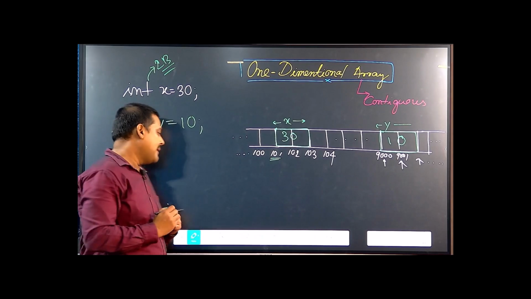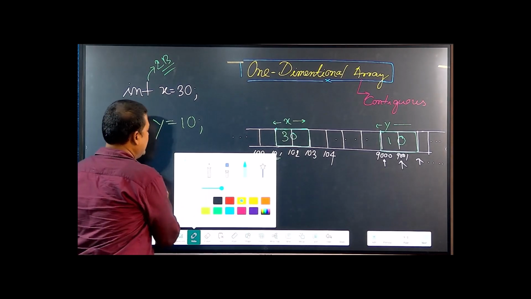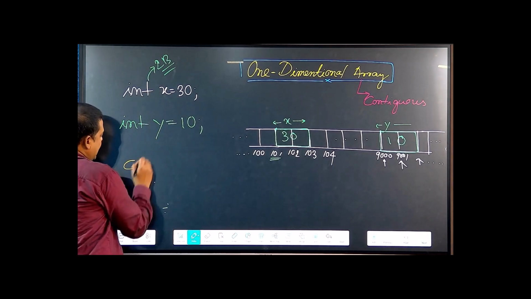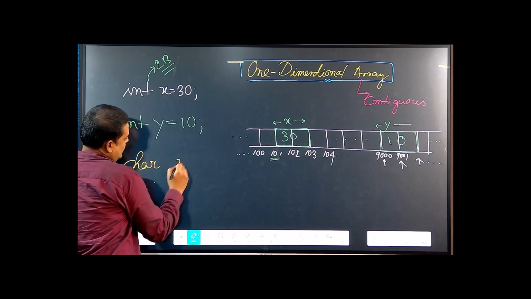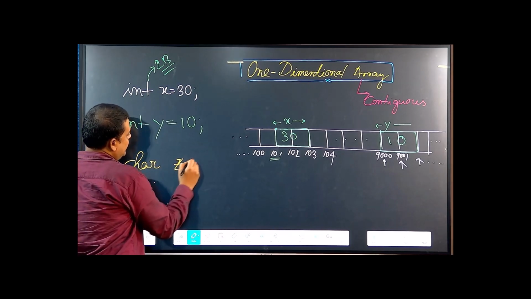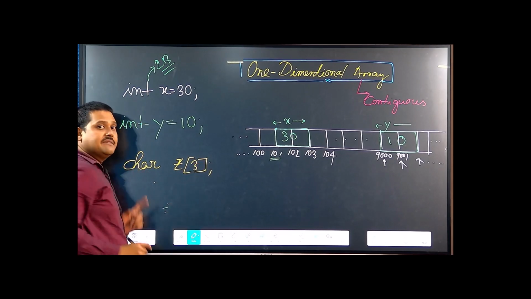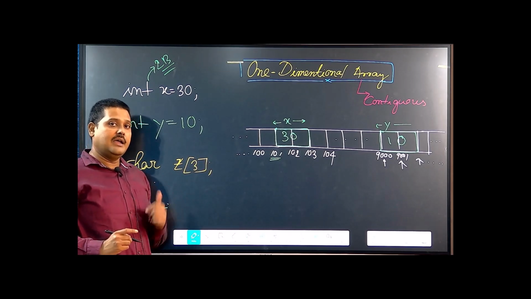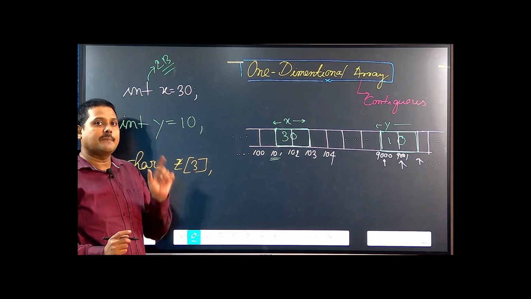But in case of an array, if I write some character array, say z of 3, then what does it mean? z is a variable which will be allocated inside memory and it will store 3 different values of character type.